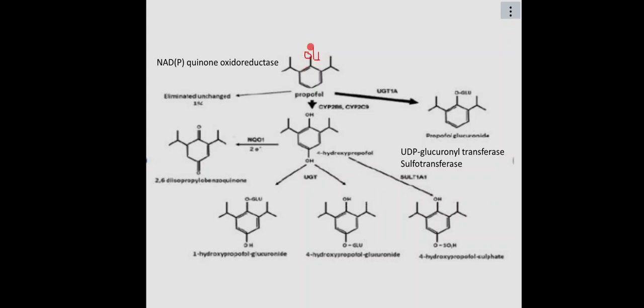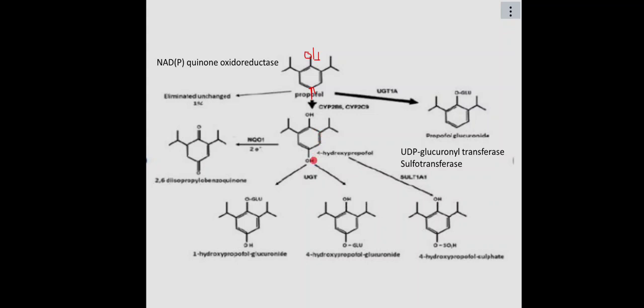And with a hydroxyl group there, that hydroxyl group can undergo glucuronic conjugation through glucuronide transferase. Some of it, a very small amount, can be eliminated unchanged. It can also undergo oxidative hydroxylation at that position here to give us a 4-hydroxy.